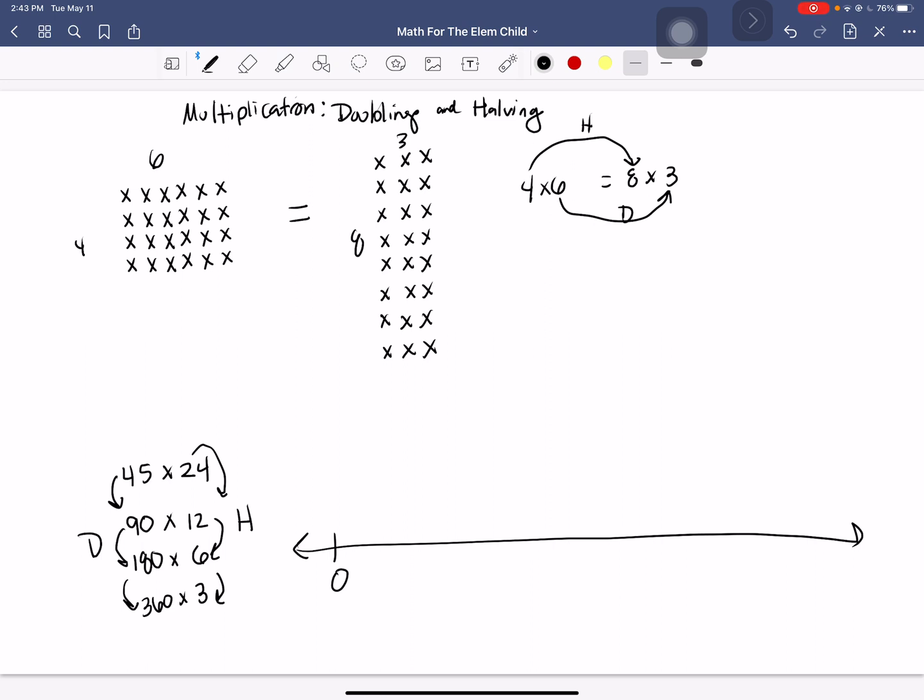So we have 0, and then 360, and then 720, and then 1080. Okay, so if we jump, here's 1, here's 2, here's 3. We just hopped 3 times.